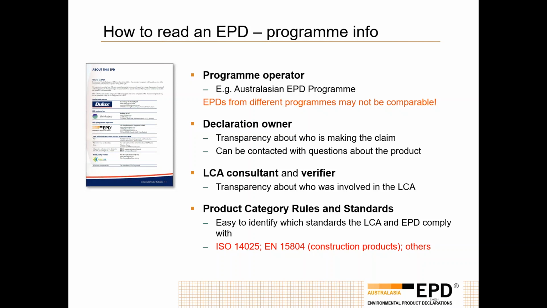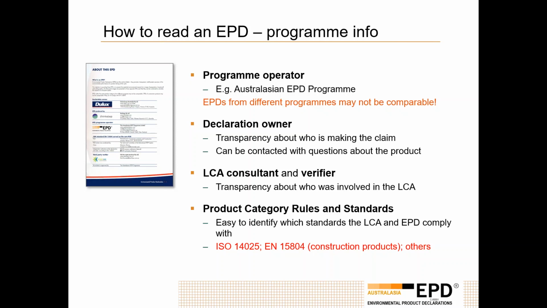The other important thing to look out for are the product category rules and the standards that have been used. Steve already mentioned there are different standards such as ISO 14025, which all EPDs comply with, and EPDs for construction products comply with EN 15804 under the Australasian EPD Programme and a number of other international programs.